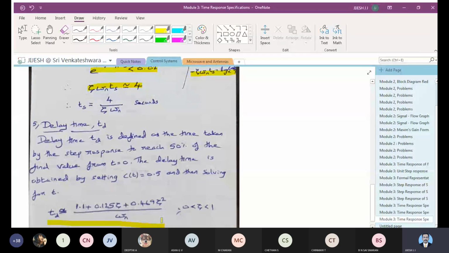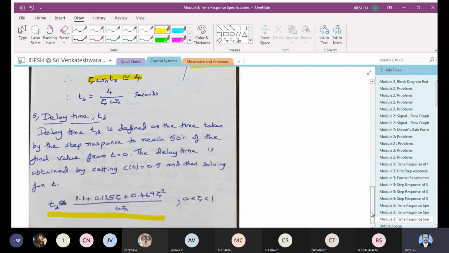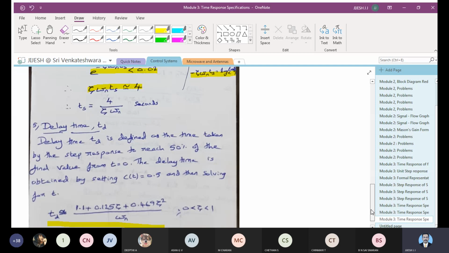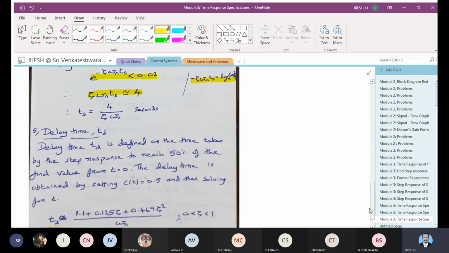We got the equation for TD as (1.1 plus 0.125 zeta plus 0.469 zeta square) by omega n, where zeta is between 0 and 1. The time taken by the step response to reach 50% of the final value is called the delay time TD. You can write down the definition as well.